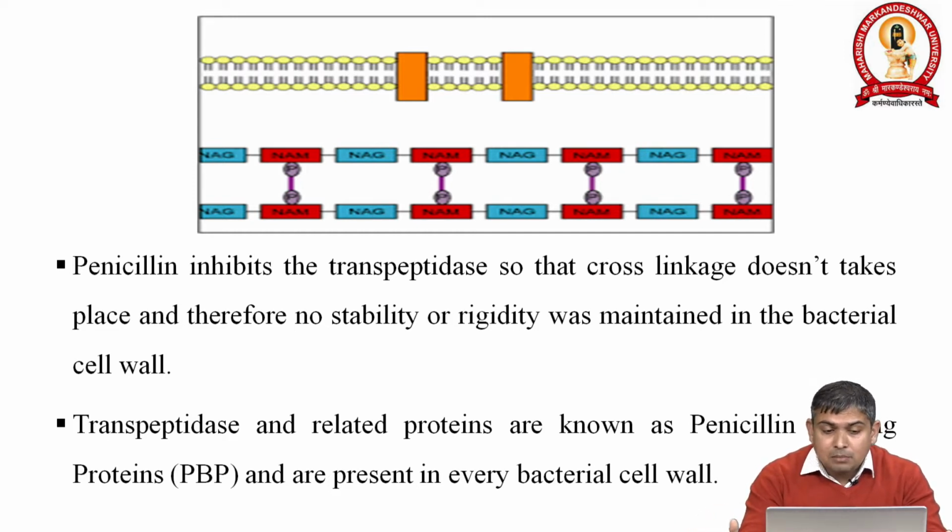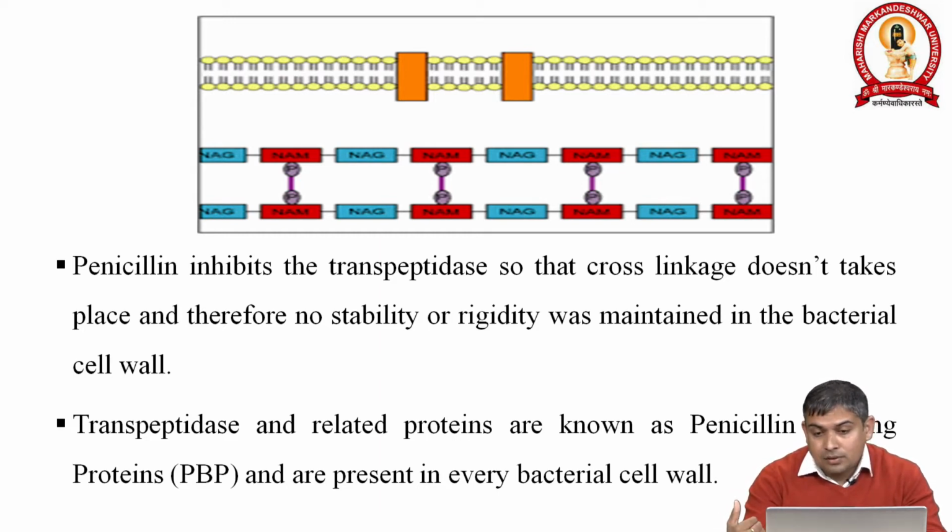The penicillin antibiotic, or broadly the beta-lactam antibiotic, inhibits the transpeptidase enzyme so that the cross linkage does not take place, and therefore no stability or rigidity is maintained in the bacterial cell wall. This peptide linkage that joins different chains together generates the desired strength of the bacterial cell wall.